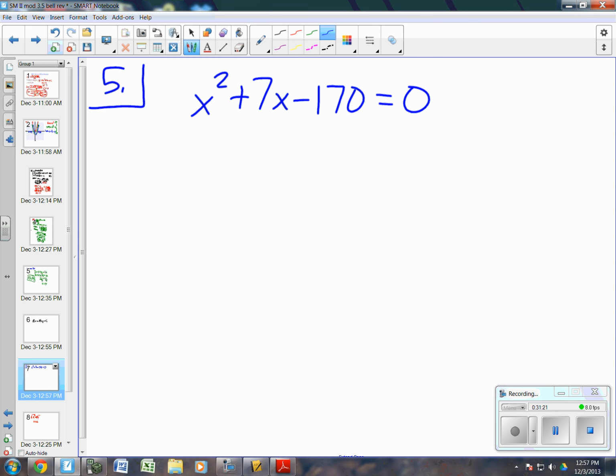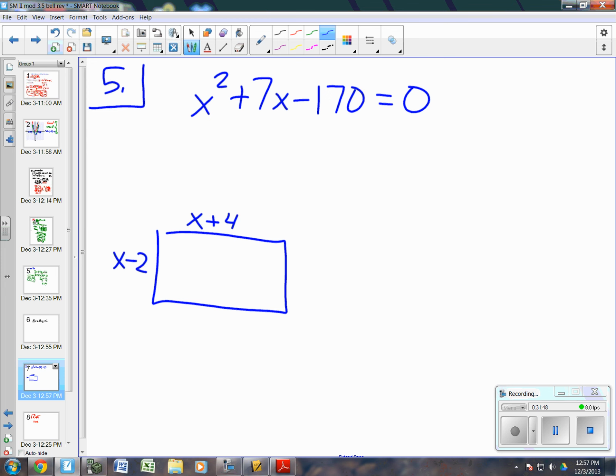Now, in this problem right here, I'm supposed to find the rectangle that fits with this. In other words, I need to find a rectangle that's something like that. In other words, I'm supposed to do what with this? See if it does what? Factor.